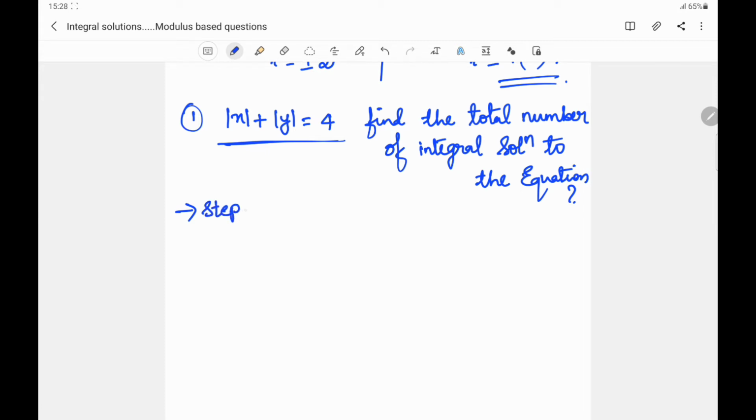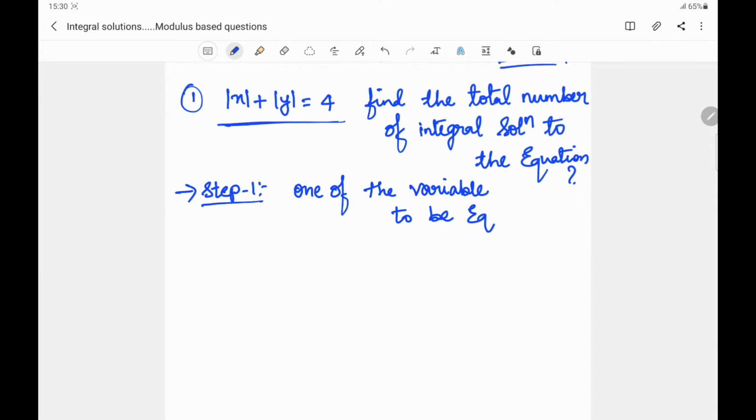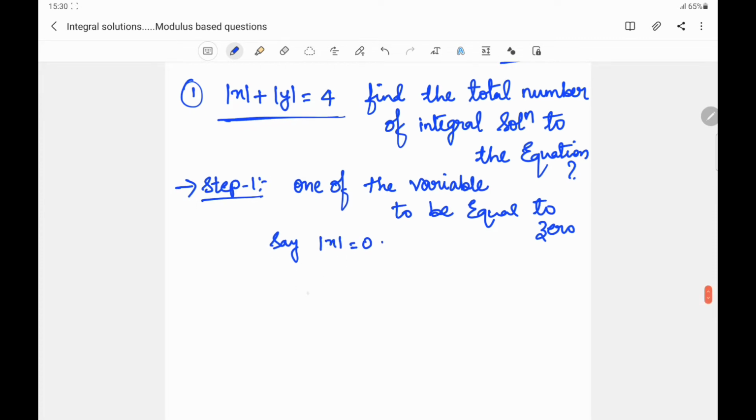So in step 1, what we'll do is we will assume one of the variables to be equal to 0. Say modulus of x is equal to 0. Assume that modulus of x is equal to 0. What is going to happen to that equation? It will become modulus of y equals 4.